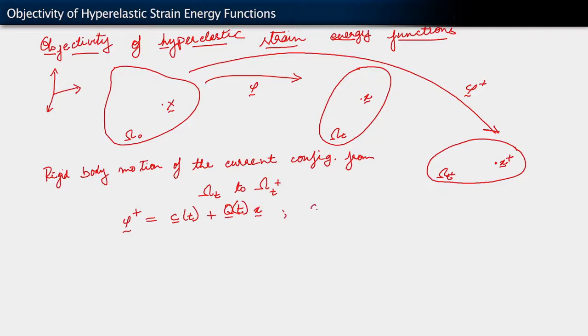Okay, so Q is an orthogonal tensor with a positive determinant equal to 1, in fact. All right, so this is the setting, okay?